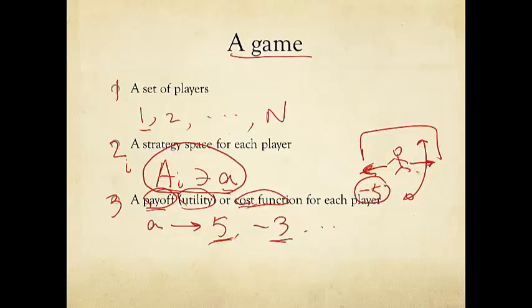Whereas if you catch it, then you will get a reward of, say, 10. So that is the function that maps the strategy that you choose to a number. Now, of course, it's determined in part by your decision, but also in part by whoever is kicking the ball. So there comes the coupling of everybody's strategy. Your strategy and her strategy together determine the outcome.